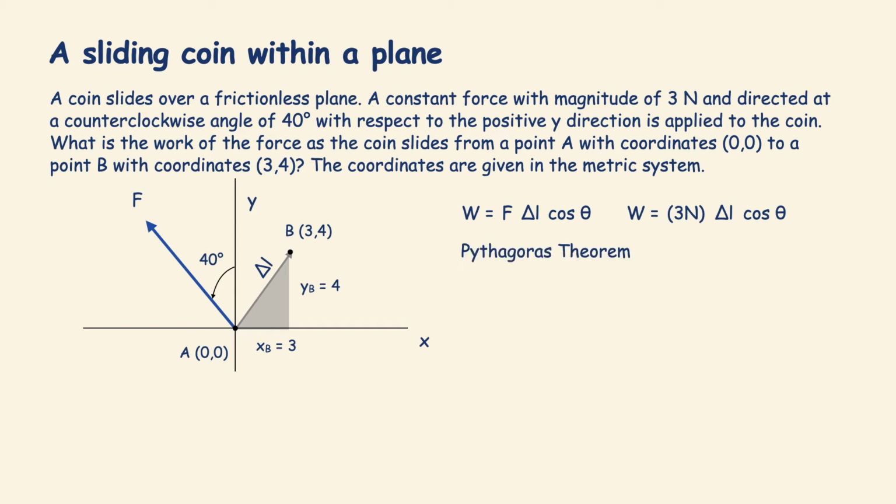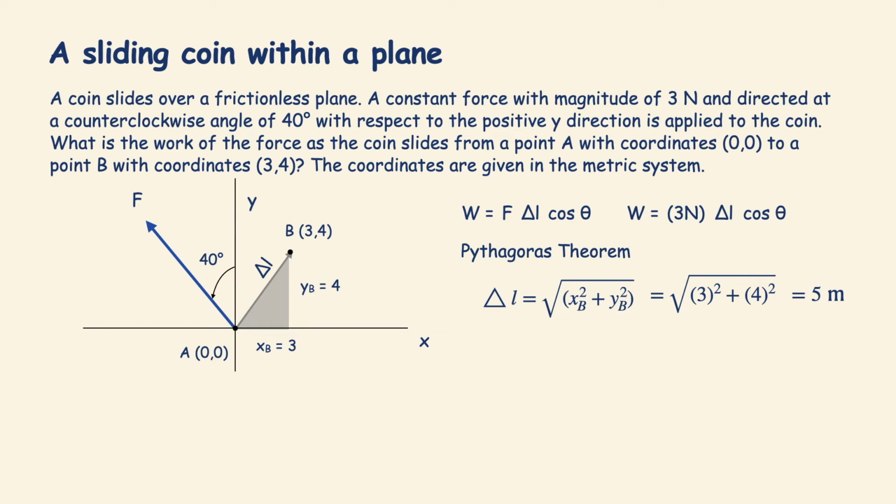With that information, we can apply the Pythagorean theorem to determine the hypotenuse of this triangle, which will be equal to the displacement delta L, which we need for the formula for the work. So delta L is equal to the square root of the sum of the squares of the two sides: xB squared, which is 3 squared, plus yB squared, which is 4 squared, and that gives us 5 meters. Well, I chose a very nice triangle here. Anyway, one of the classic Pythagorean triangles.